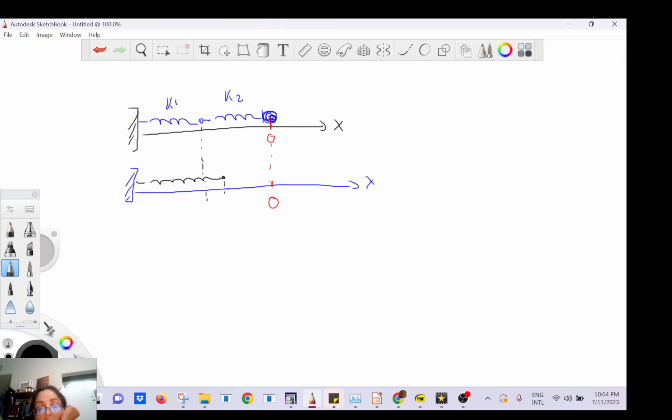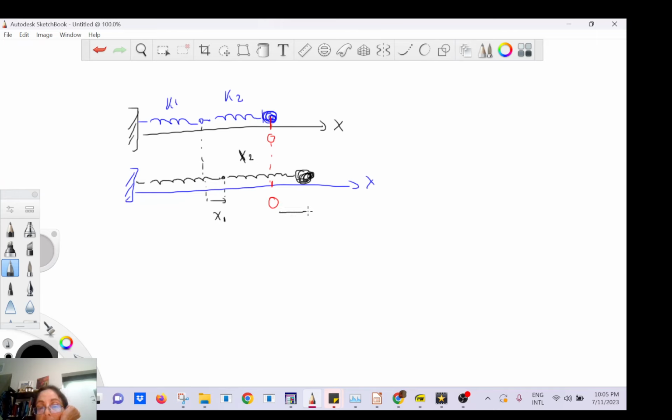So maybe this one is going to be x1, and this one is also going to stretch. So this one is stretching by x1, this one is stretching by x2. But it depends on x1, of course. And that position here is the position x.